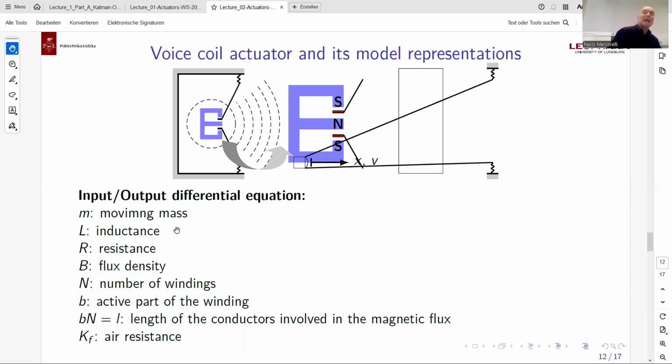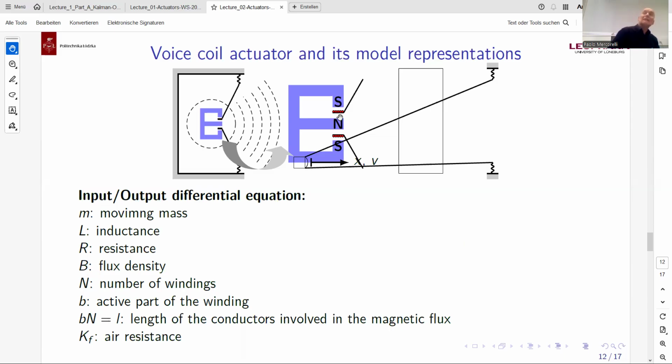Just to look at the parameter L now. It's not 0, M is not 0, R is what it was before, B is as before, N is the number of windings involved in the flux. B is the active part of the windings as before. I mean, here the number of windings we can see here.